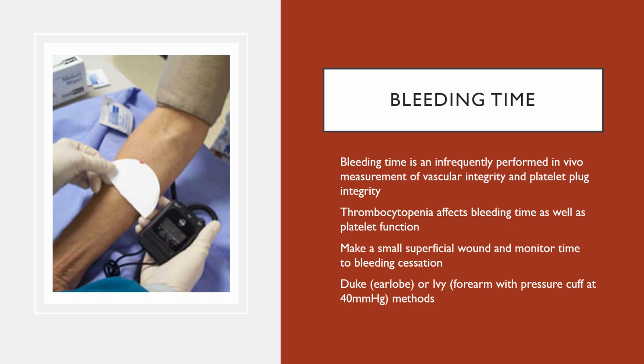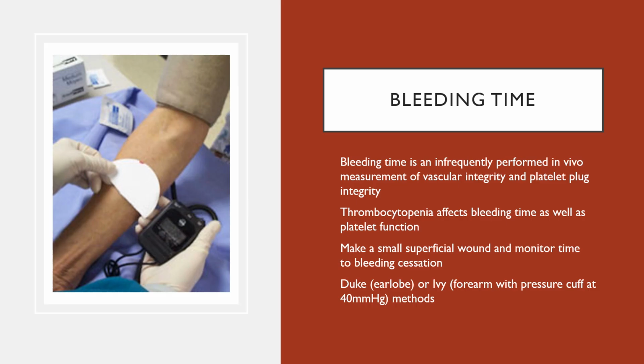And if you suspected that a patient had a bleeding disorder, well, what better way to measure it than to make a superficial injury and time the amount of time that it takes for that patient to clot or stop bleeding? I mean, kind of makes sense, right?